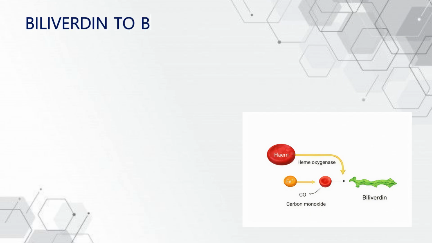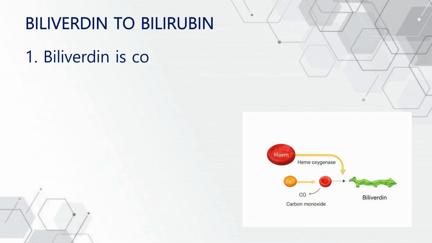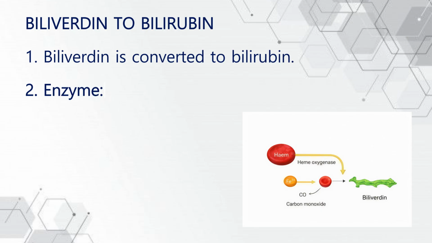So next is biliverdin to bilirubin. The diagram below illustrates how biliverdin is being converted to bilirubin. As we can see on the slides, old red blood cells are broken down into Haem, and this Haem is then converted into biliverdin, which is a green pigment. This biliverdin releases iron and carbon monoxide.